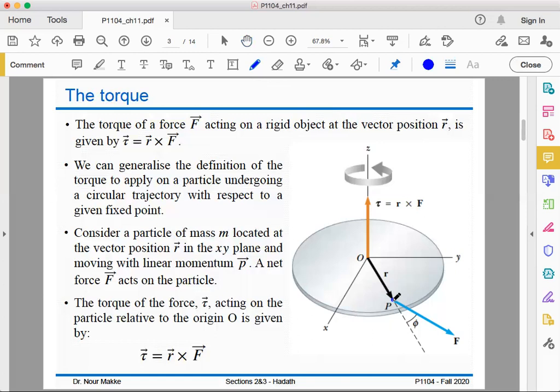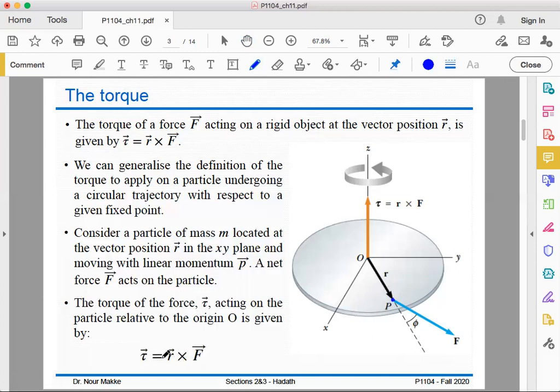And let's assume that this particle is undergoing a circular path with respect to the point O, which is a fixed point, under the action of the force F. Let's say that F has an arbitrary direction in space, so it could make a given angle phi with respect to the radial direction, the direction of the vector position of the particle. Then we can define the torque of the force F acting on the particle relative to the origin O, and it's given by tau equals R cross F.